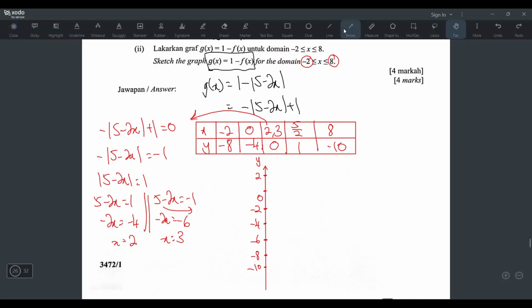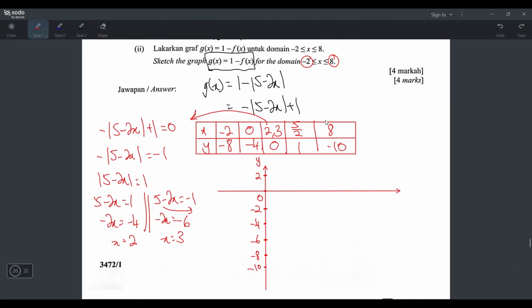Okay, now for the x-axis. I told you already, for the x-axis the right side has to be longer, right? Why have to be longer? Because you use until 8, but the left side you only use until -2. So you can do like that: -1, -2, and then 1, 2, 3, 4, 5, 6, 7, 8. But I told you already, I don't like my axis to have a lot of numbers.